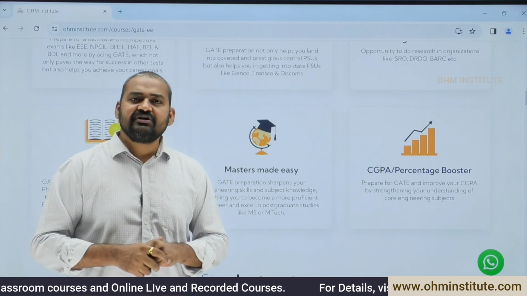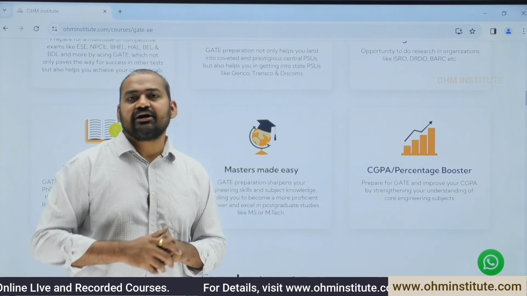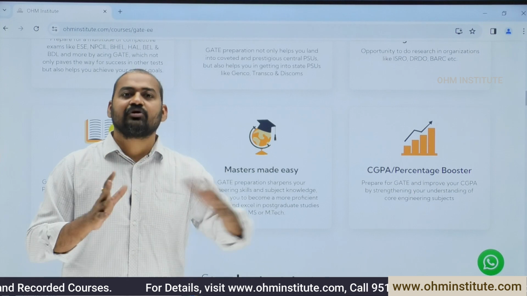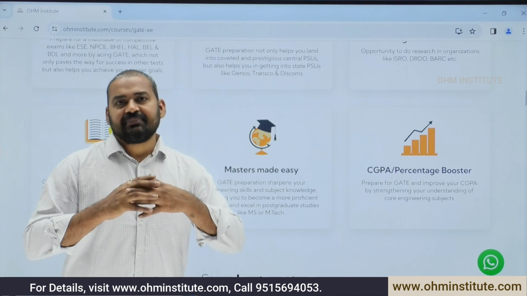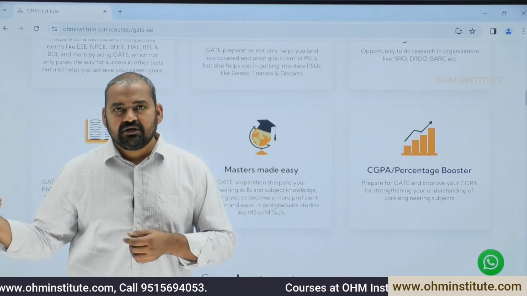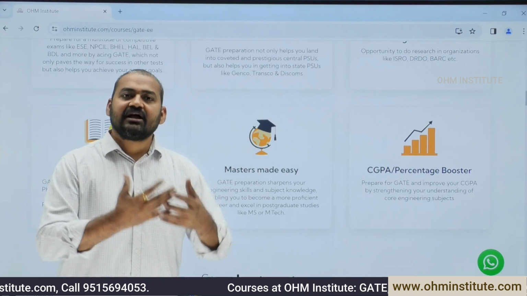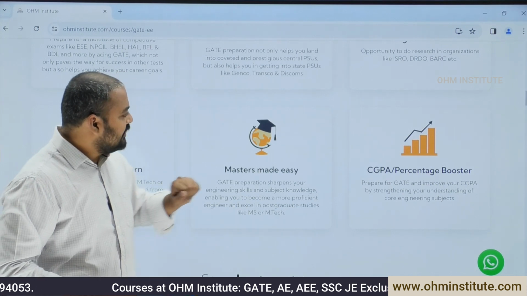So he doesn't teach V by F speed control mechanism once again, because you already learned during your GATE preparation. So he will directly start modeling how we will change voltage, how we will change frequency. So the modeling part will start directly. So having background knowledge in core electrical engineering domain will help you to make your master's degree very easy. That is another advantage.